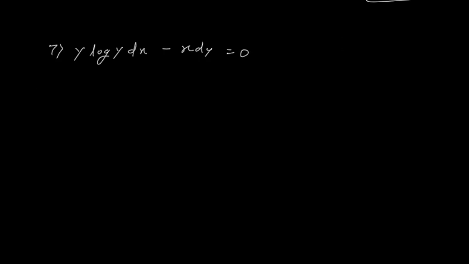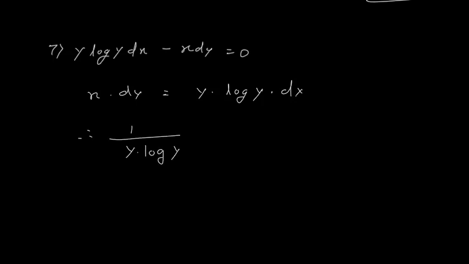So here I can say that x into dy is equal to y into log y into dx. I have to separate y with y and x with x. So therefore I have 1 upon y into log y into dy is equal to 1 upon x into dx.